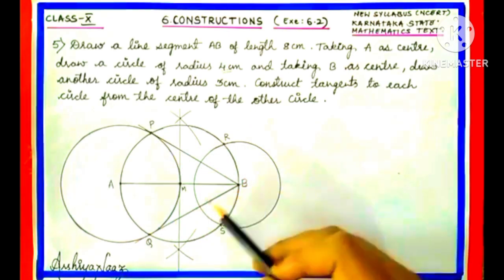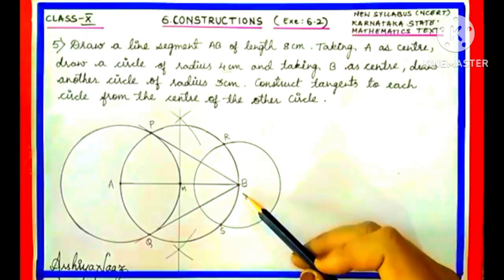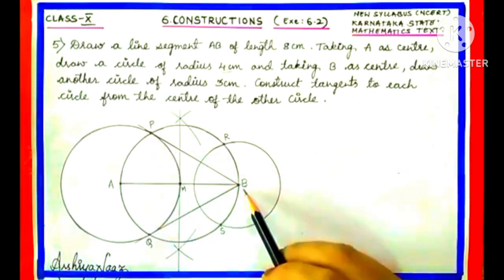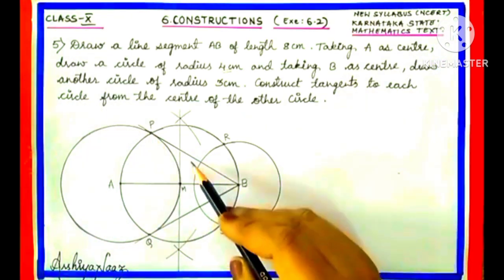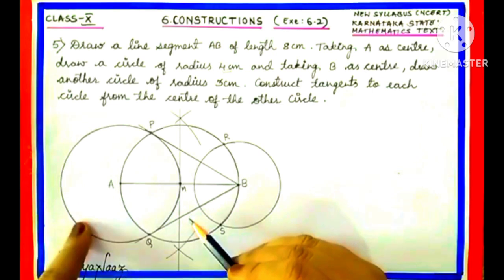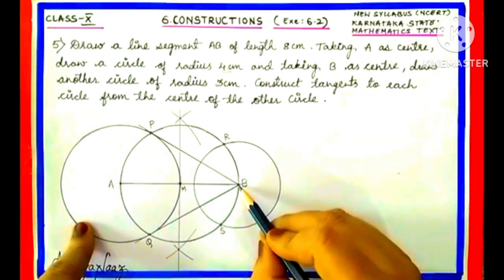So I have joined here PB and QB. So the lines PB and QB are two tangents to this circle from the point B.